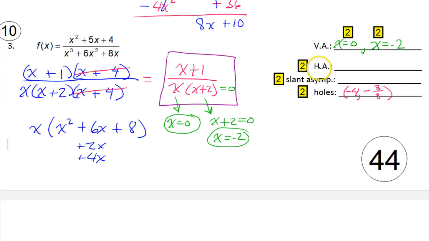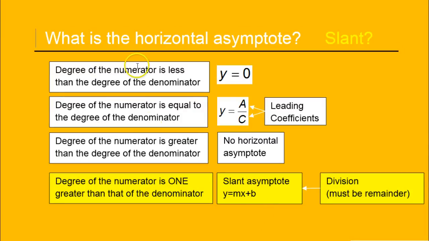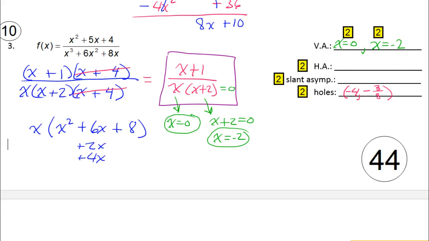Now when it comes to horizontal asymptotes, it's all about the degree. As I mentioned before, these are the rules. It's all about whether the degree of the numerator is less than, equal to, or greater than the degree of the denominator. So in this case, I've got degree 2 in the numerator, and I've got degree 3 in the denominator.